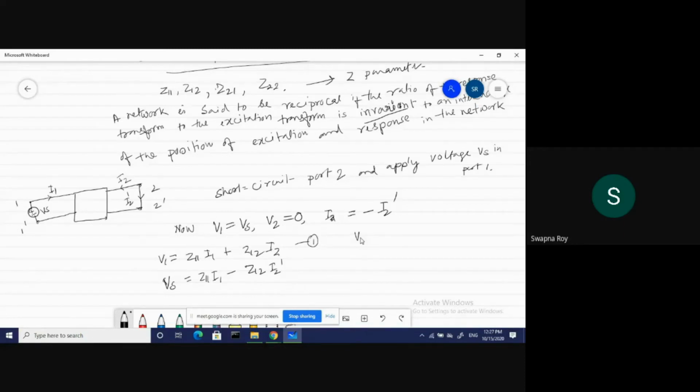And another equation is V2 is equal to Z21 I1 plus Z22 I2. So here V2 is equal to 0. And this is Z21 I1 plus, this is not plus, because I2 is equal to now minus I2 dash.